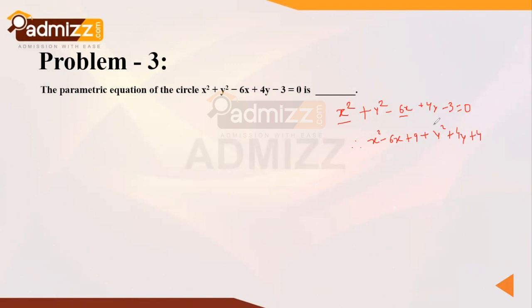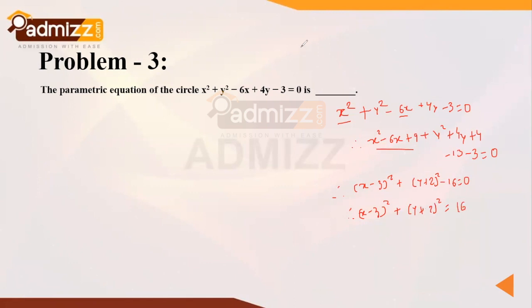I have added 9 and 4, that is I have added 13, so I need to subtract 13, and this minus 3 is also there in the trailing. So rewriting this equation as (x - 3) the whole square plus (y + 2) the whole square minus 16 equals 0. Therefore (x - 3) the whole square plus (y + 2) the whole square equals 16.